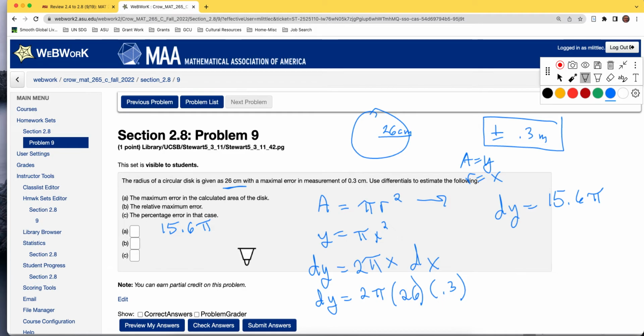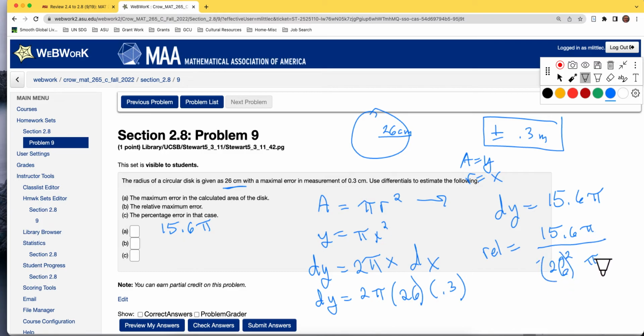The relative maximum error, so relative is a percentage. So for that, we divide by what the area was supposed to be, right? I think. Yeah. So what is it supposed to be? The area is supposed to be pi r squared with 26 if we were accurate. So what we're going to do is divide this, so the relative error, over 26 squared pi.